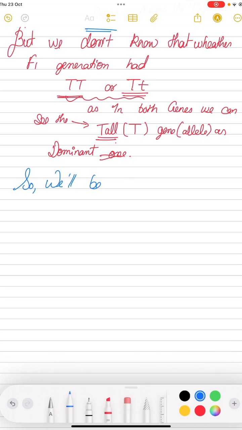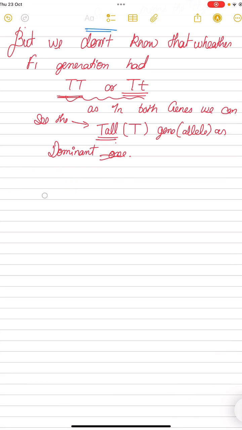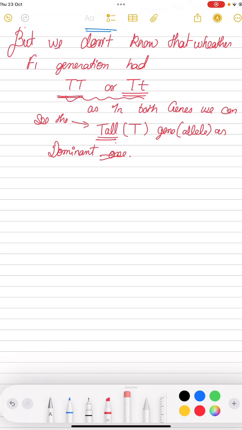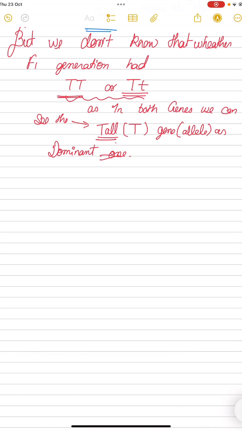So if we want to know, what do we have to do? We have to do the crossing. These are imaginary genotypes: big T big T, or big T small t. We don't know which was the case.